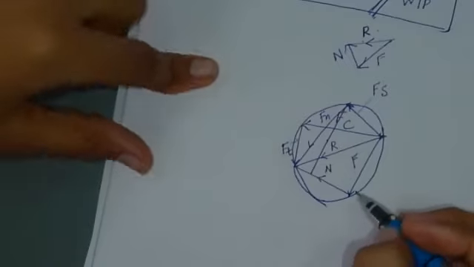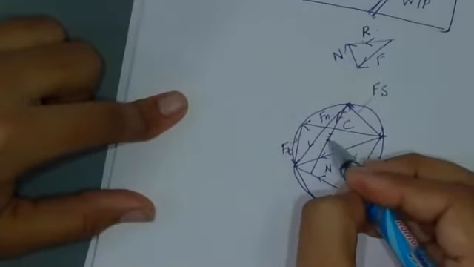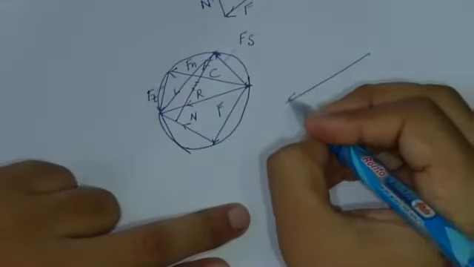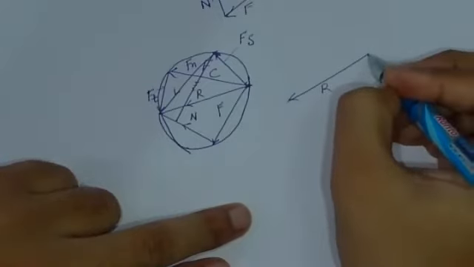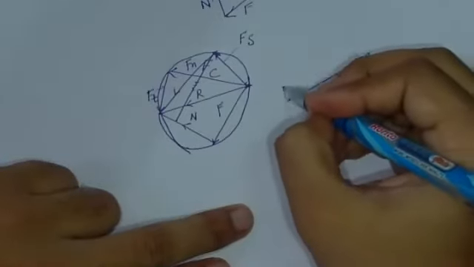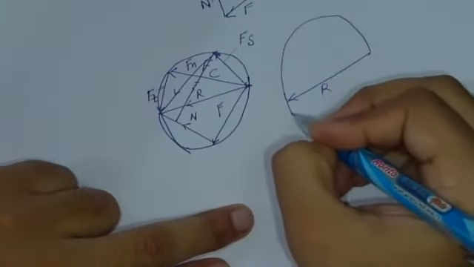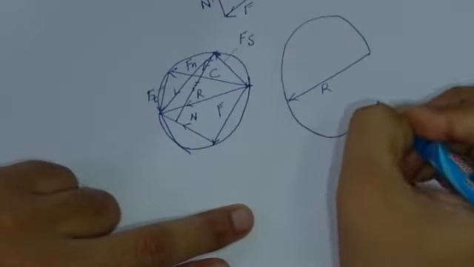Please ignore this line, I'm just redrawing it. Let's say this is R, the resultant of the cutting force and thrust force.